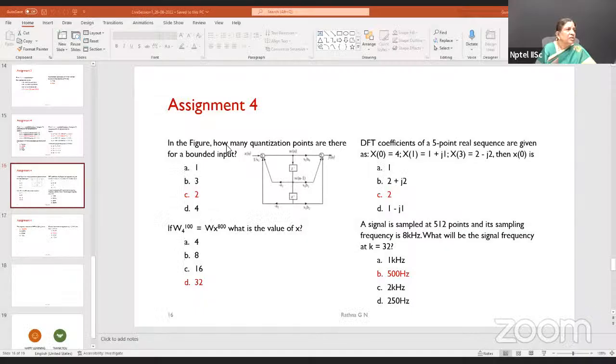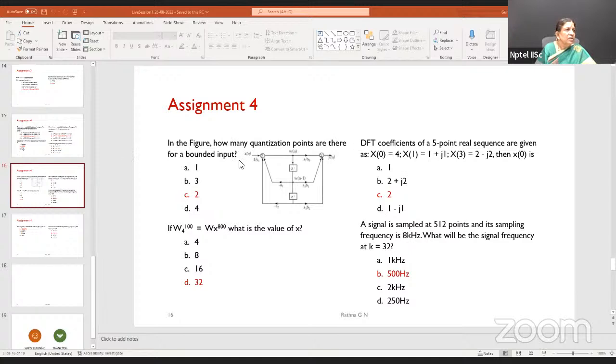Yeah, next one. How many quantization points? Which assignment are you talking about? Ma'am, I'm talking about the week 4 assignment, question number 9. Are you asking about this figure, how many quantization points are there in the bounded input?